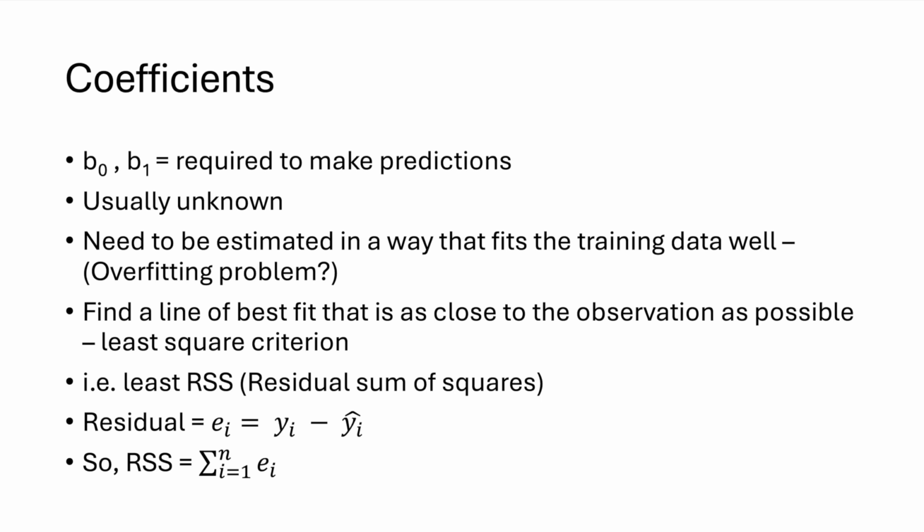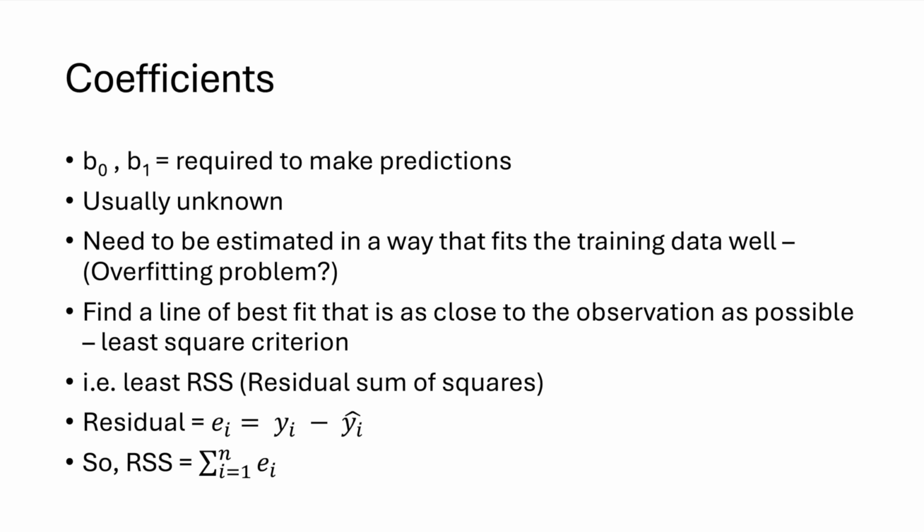And here is where another thing comes in called the least squares criterion, which is the method of least squares, which is used to find the best fitting line, and which aims to make this best fitting line by finding the lowest residual sum of squares.